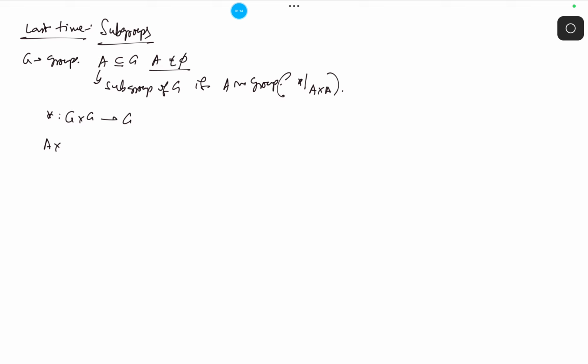Now A cross A is a subset of G cross G, so we can restrict this binary operation to A cross A, and with respect to this restriction your subgroup A of G is a group in its own right.